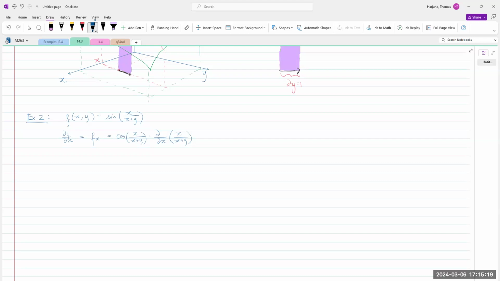I do not accept the following notation, even though in some very old textbooks it's okay. They write it this way. Basically, they say this is the u, and then you do the partial derivative with respect to x, like that. But I will not accept this kind of notation in my class.